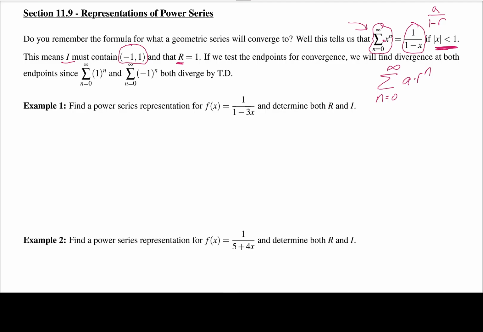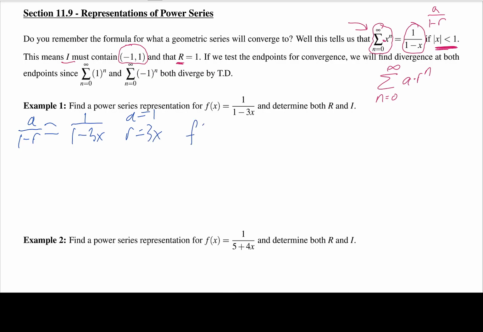So let's take some different functions and see if we can find the power series representation. We know that geometric series converge to a over 1 minus r. If we set this equal to our function, 1 over 1 minus 3x, then we will get a equals 1, and r will be equal to 3x.